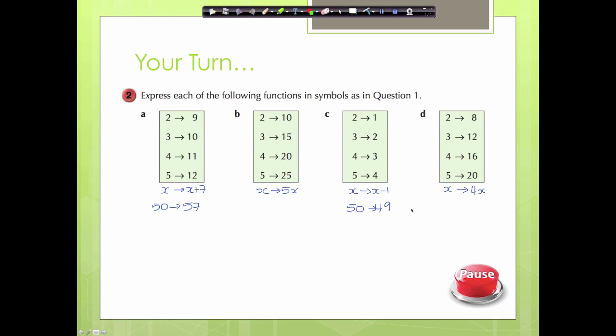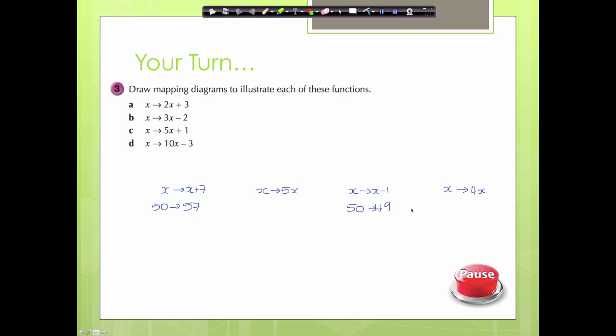Okay, for these next questions, you need to draw the mapping diagrams to illustrate each of these functions. So you need to choose a few numbers and show the mapping diagram. So I'm putting in my number x, I times it by 2, and then I add on 3.